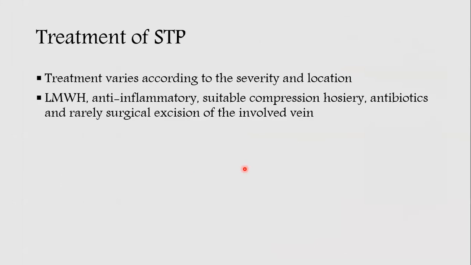Treatment of superficial thrombophlebitis is easy, but it varies according to the severity and the location. The available options are low molecular weight heparin, anti-inflammatory, suitable compression, rosary, antibiotics, and rarely surgical excision of the involved veins. This surgical excision is reserved for cases with septic thrombophlebitis and is rarely used in such context.